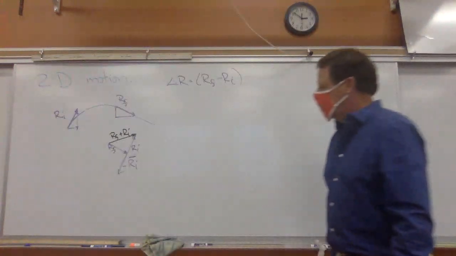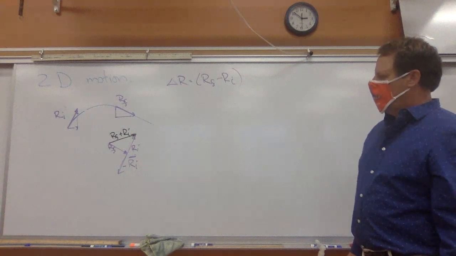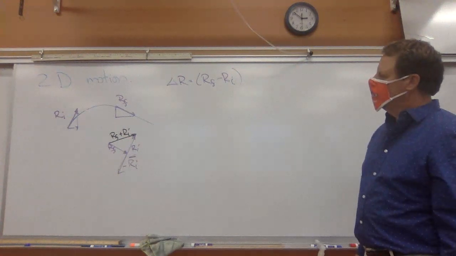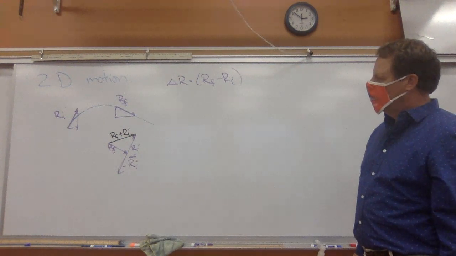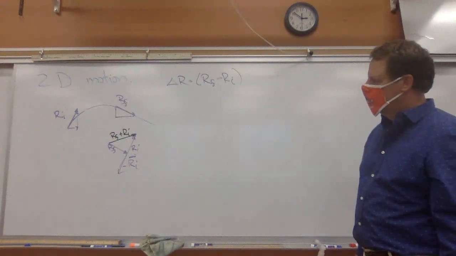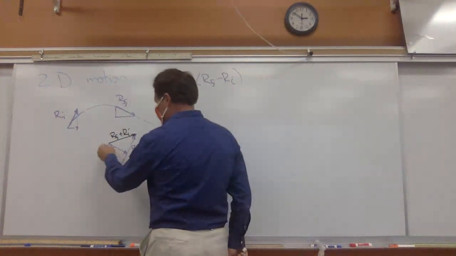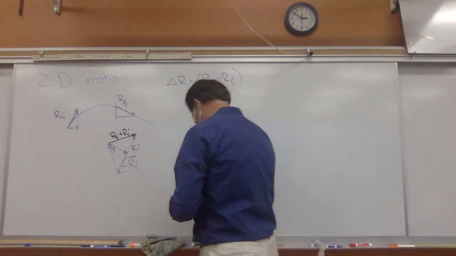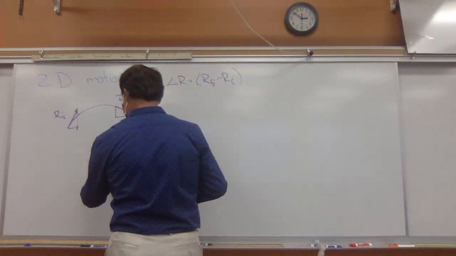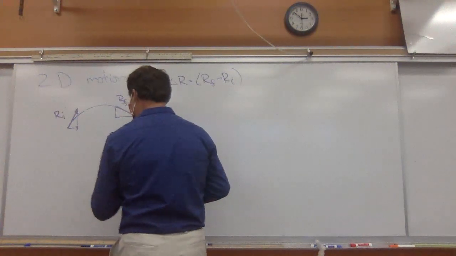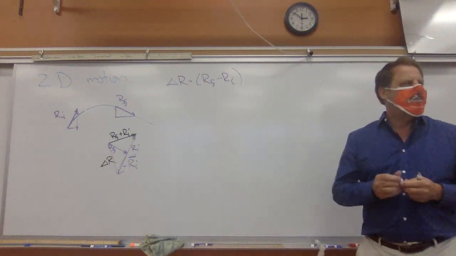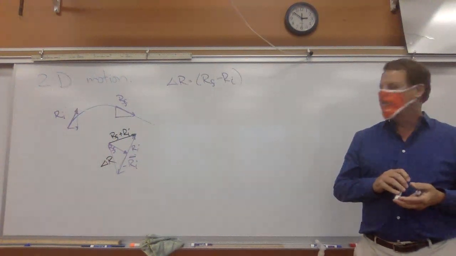We have vectors here. So now we are going to have this right here. Let's do it in black. So this is delta R. That is delta R. Does that make sense? Okay.